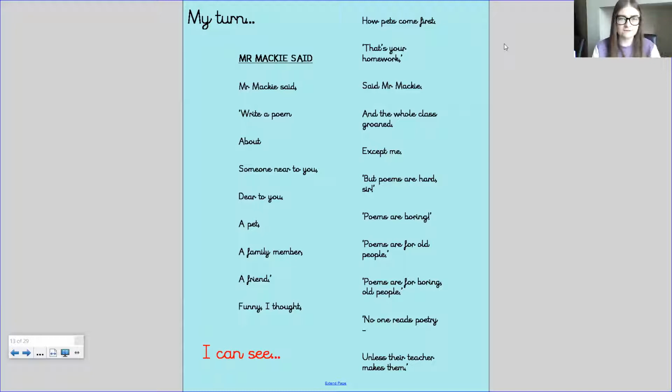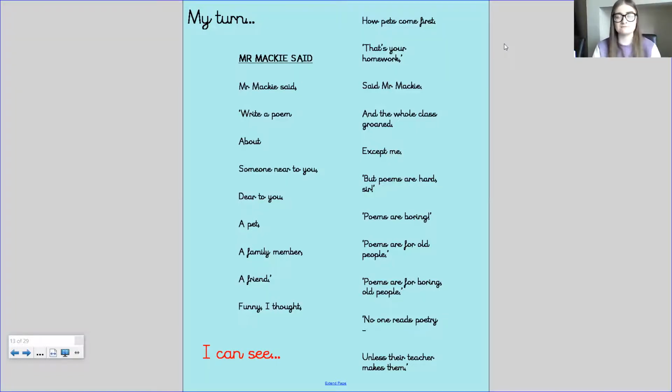So, as I read through that, I'm going to take a note of some of these things, and I'm going to think about them because I'm going to write them down on my new graphic organizer in a minute. So I can see that each line starts with a capital letter here. And it's not one line per sentence.